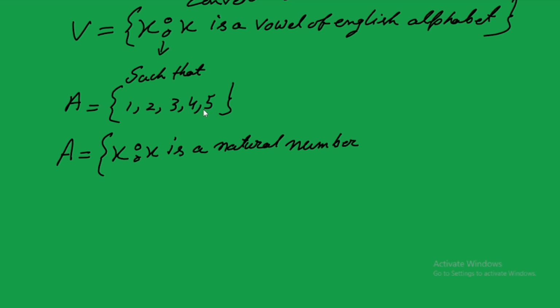So how do you define all that? x such that x is a natural number, and it starts from 1. Obviously it starts from 1. And where does this number end? 5.